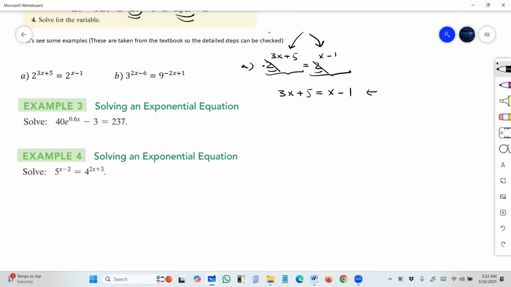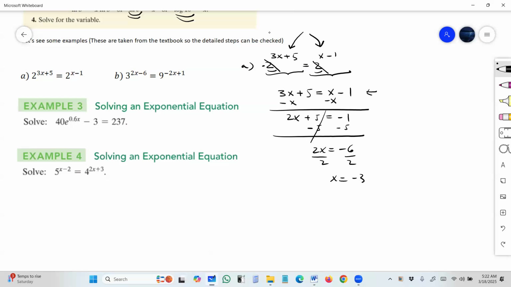So now you're left with solving this linear equation. And you know how to solve this linear equation: minus x on both sides, minus 5 on both sides, divide everything by 2. And we're done.